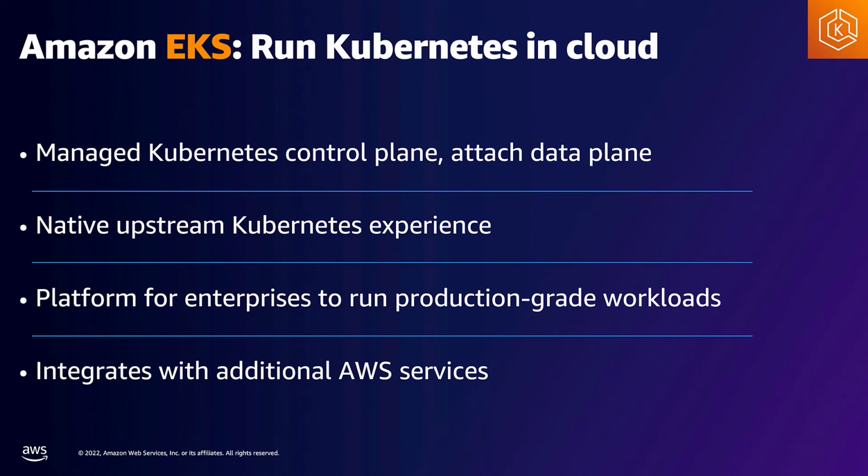You can always get your upstream Kubernetes experience, and you can decide which version of Kubernetes you want, but you natively get the upstream Kubernetes experience. So it will feel exactly the same as if you had to install and configure Kubernetes on-prem or on your managed EC2 instances.